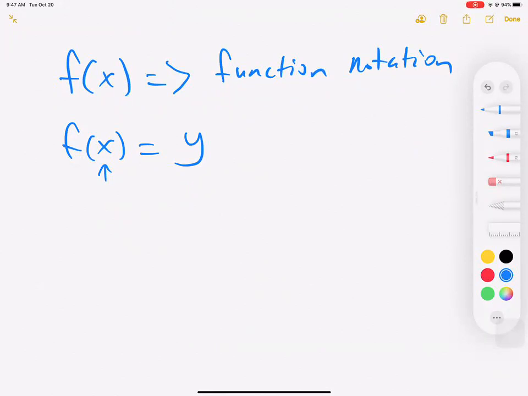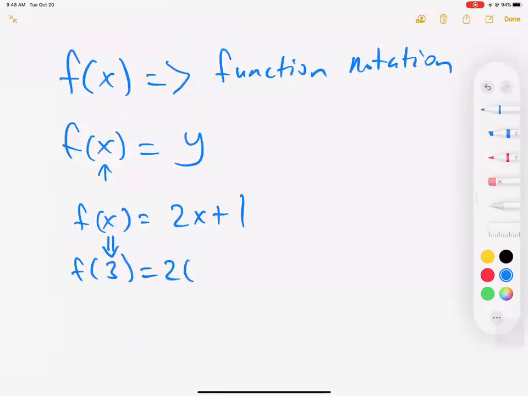So if I say f of x is equal to 2x plus 1, let's use this example. And I say f of 3. What this means is all the x values have now become 3. I'm showing you what to plug in. Plug in x as 3.